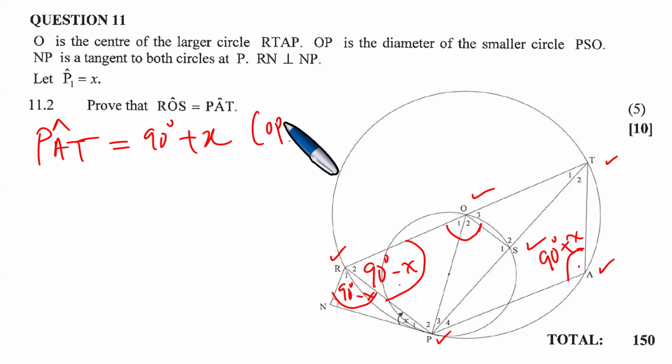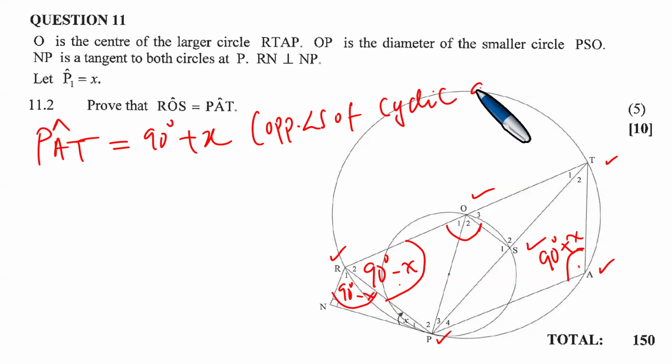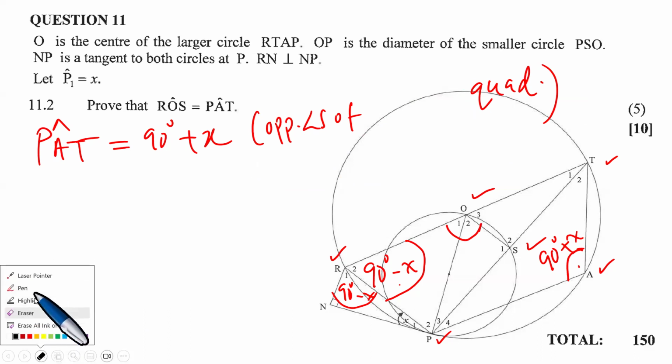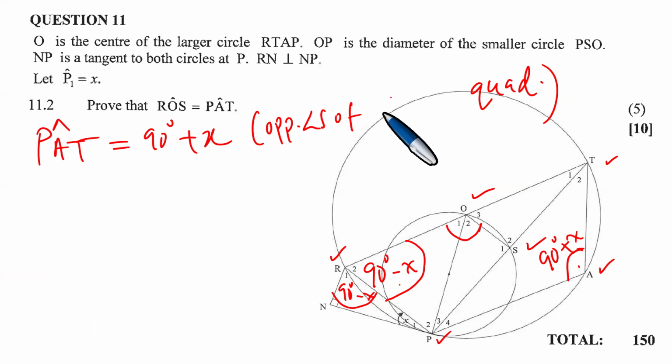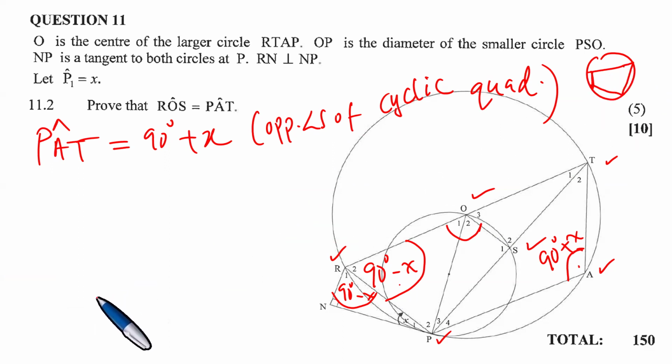Why? Opposite angles of cyclic quad. Because a cyclic quad is a four-sided shape, and we've already proven that if you add up the opposite angles of a cyclic quad, you get 180 degrees.